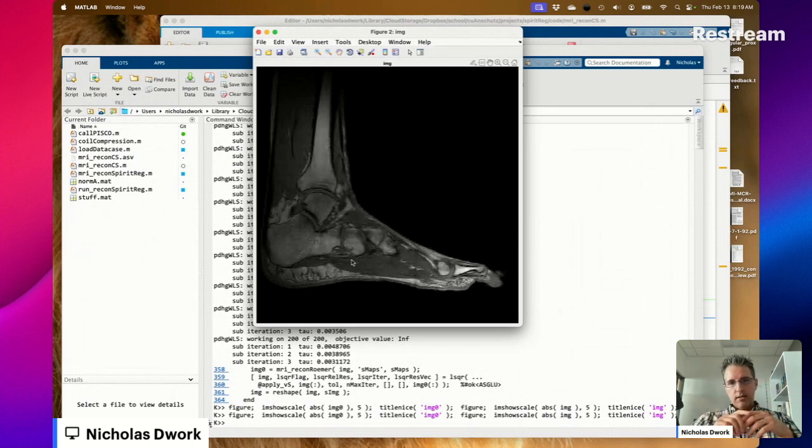But this is totally parameter free. But the degradation is too much to be satisfied with this.